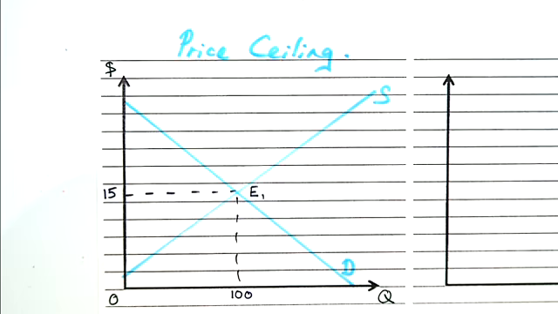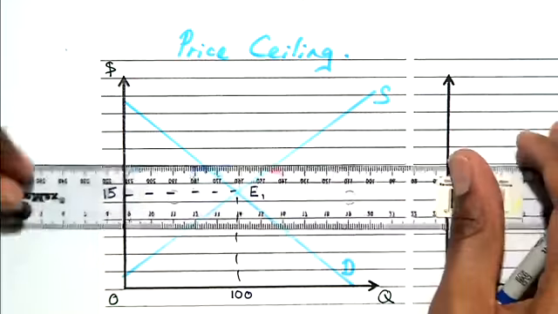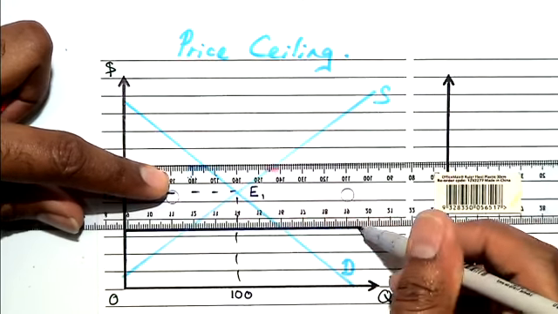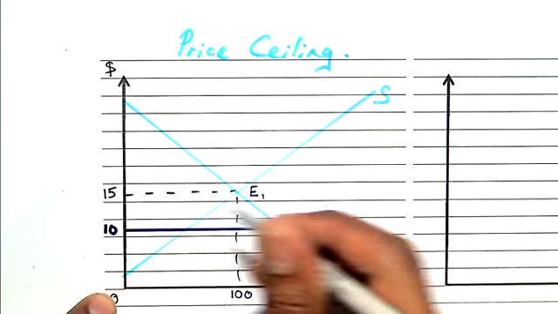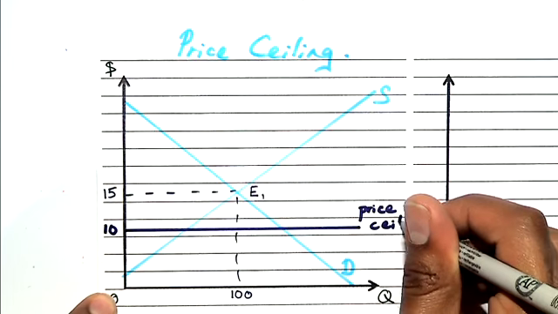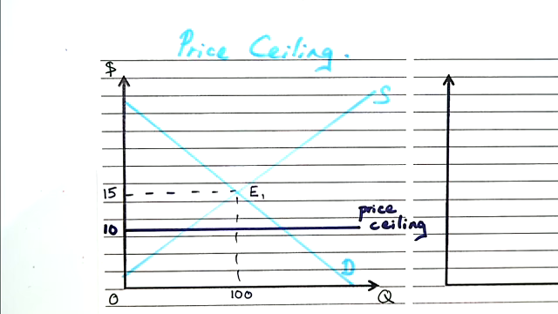Usually a price ceiling would be enacted below the current equilibrium price. So let's say the government passes a law that the price ceiling is $10 for this product, which means it's illegal to sell this product above $10.